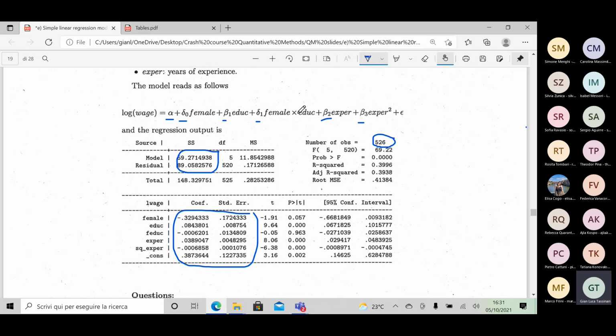How many regressors do we have? 5 regressors, so 5 parameters plus a constant. So n minus (k plus 1) is n minus 5 plus 1, which is n minus 6. Since we have 526 observations, 526 minus 6 gives you 520.